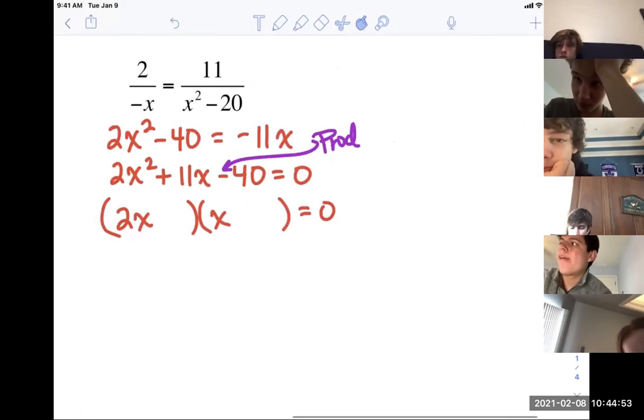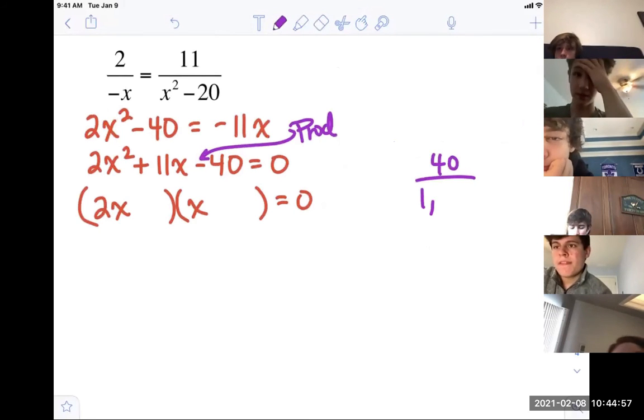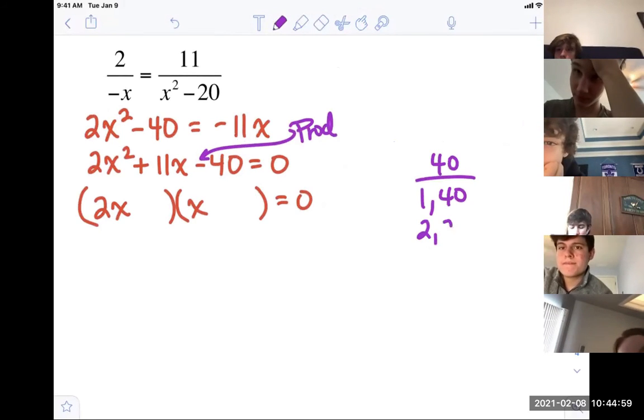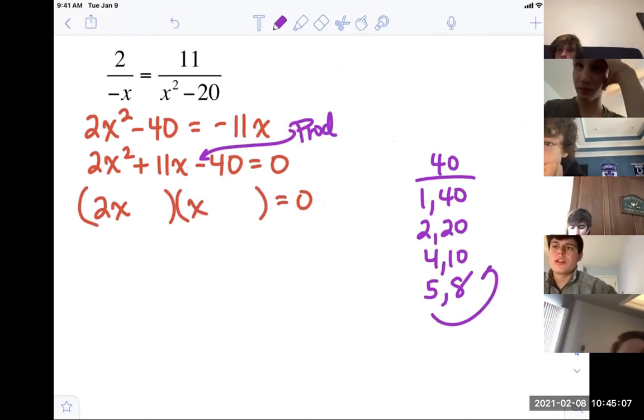Okay, so I'm going to come over here and list the factors of 40 just so we have some to work with. 1 and 40, 2 and 20, 4 and 10, 5 and 8. 6 and 7 don't go into 40. So if we wrap back around, we've got all the factors.